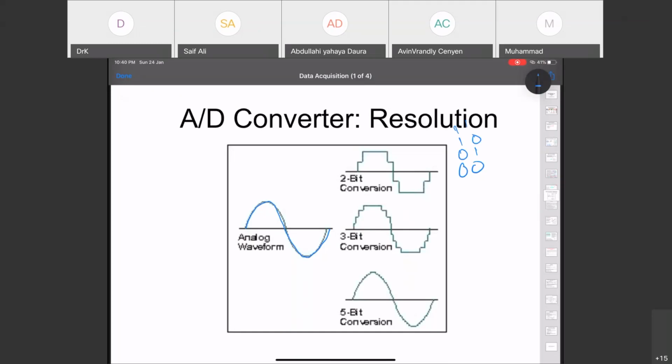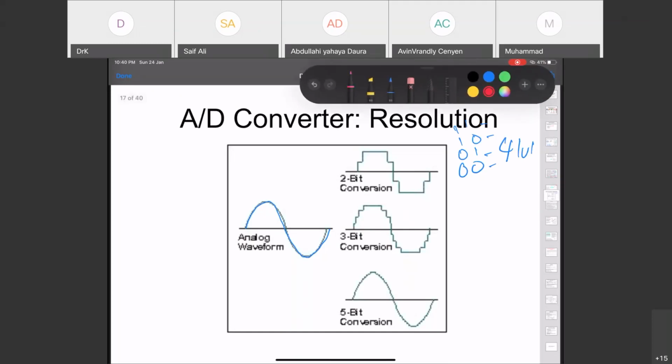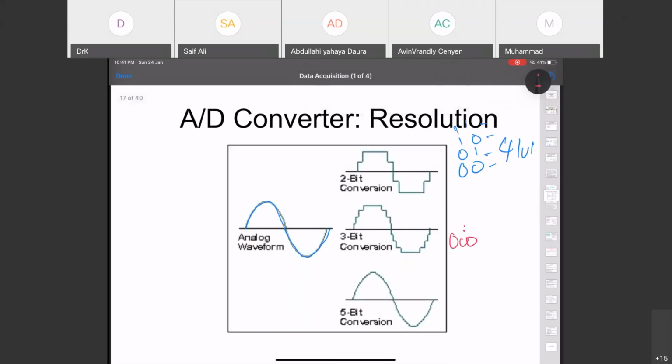You have only 4 levels. 1, 2, 3, 4. This is 3-bit, you have 000 up to 111. You have 8 levels.